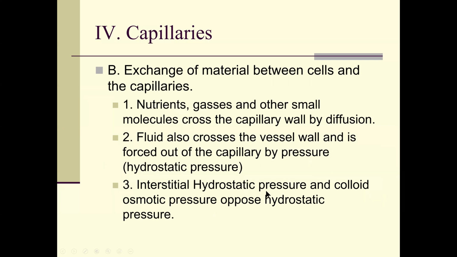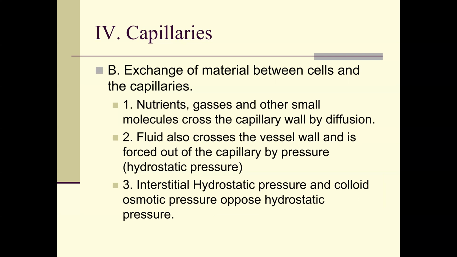And then we have interstitial hydrostatic pressure and colloidal osmotic pressure, which are opposite of hydrostatic pressure. Hydrostatic pressure is the pressure head inside the vessel having a tendency to push the fluid through a leaky membrane. Interstitial hydrostatic pressure is the fluid pressure in the fluid outside the blood vessel, which has a tendency to push back against that fluid that's trying to be pushed out.